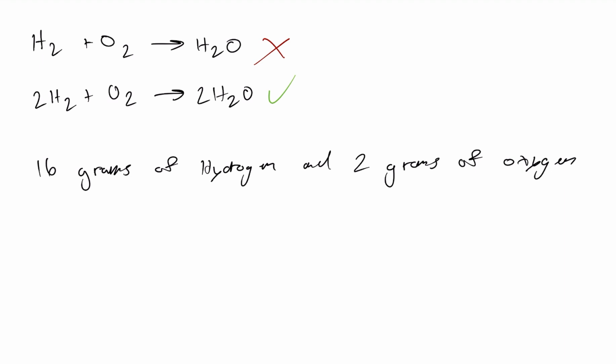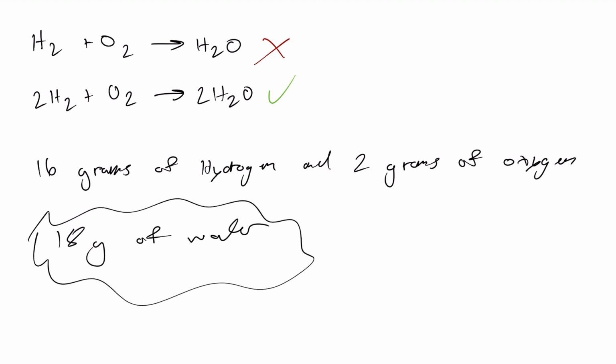How much water should you end up with? And so the answer would be 18 grams of water. The mass of the products equals the mass of the reactants.